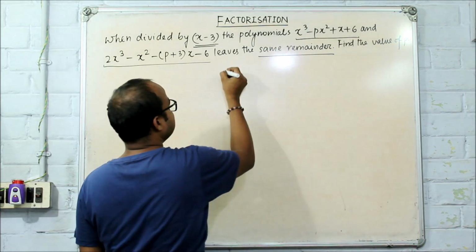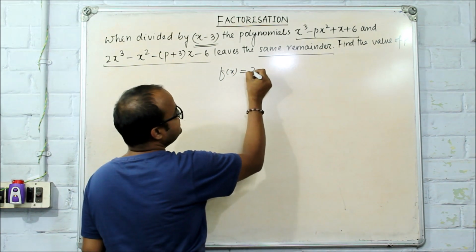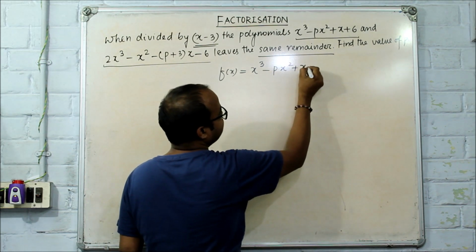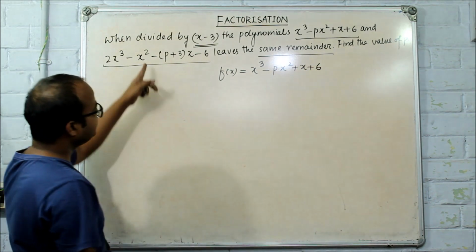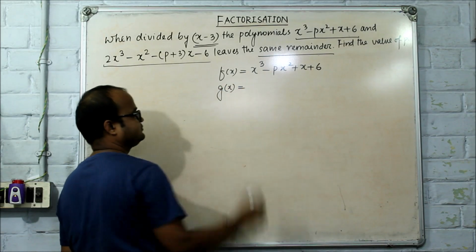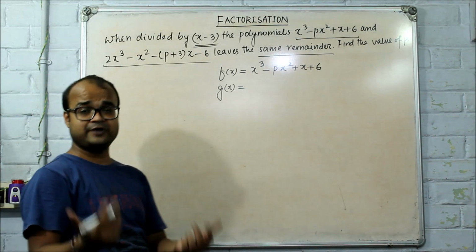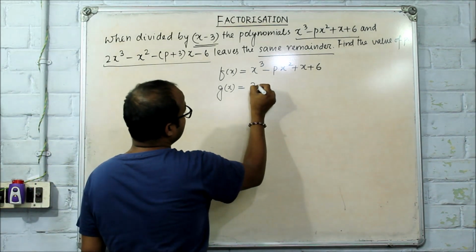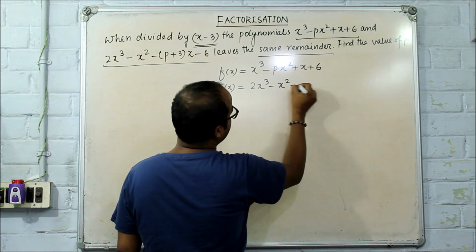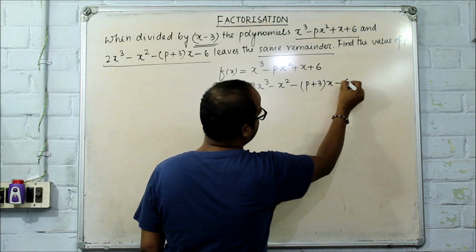So let us consider this polynomial as f of x. So f of x means x cube minus px square plus x plus 6, and we consider this polynomial as, suppose, g of x. I told you initially you can consider fx, gx, h of x. So 2x cube minus x square minus p plus 3 into x minus 6.